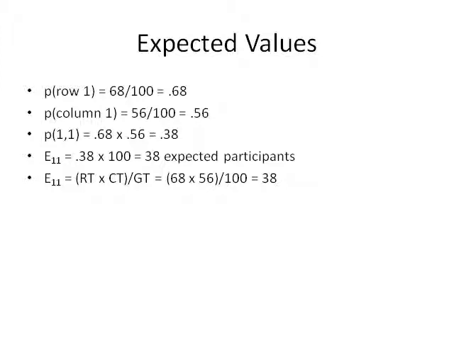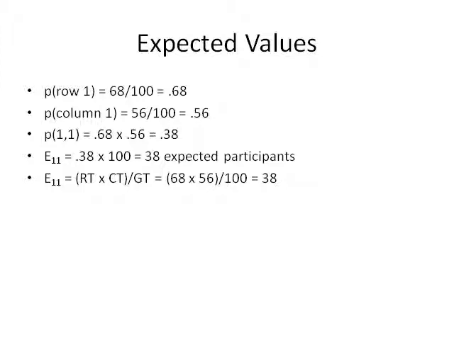Thus, the probability of being in row 1, column 1, is 0.68 times 0.56, the multiplicative law, which is equal to 0.38. When we multiply the probability, 0.38 times 100, we learn that we would have expected 38 participants to be in row 1, column 1 by chance alone.